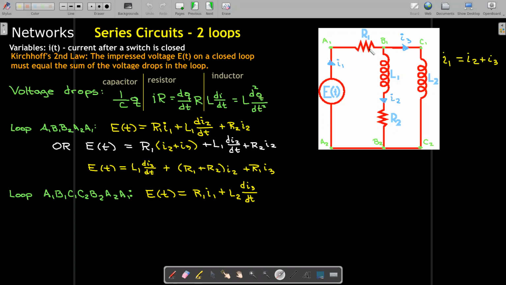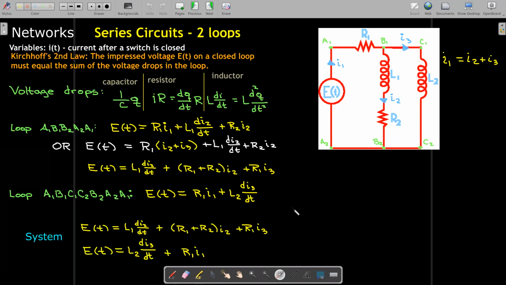Well, we pass through the resistor R1 with a current I1. Some of the current goes down towards B2. We're interested in the current that goes over to C1 and then passes through this inductor. And then there's nothing else that happens. So then we could set up a system that looks like this. And we also have the equation over here that I1 equals I2 plus I3.